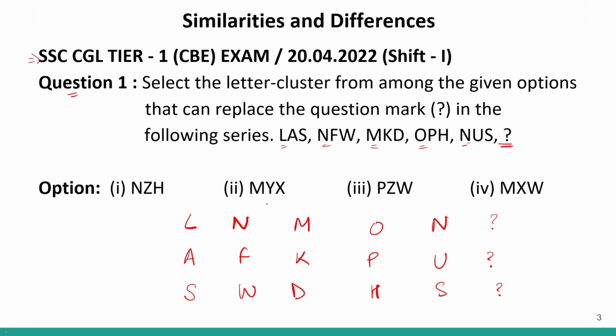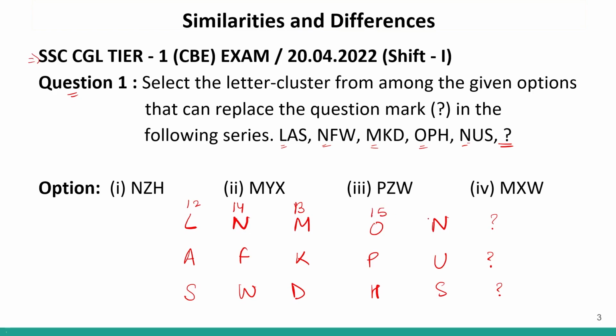Now, if you look at this series, the forward rank for L is 12. Similarly, the forward rank for N is 14. The forward rank for M is 13. The forward rank for O is 15.